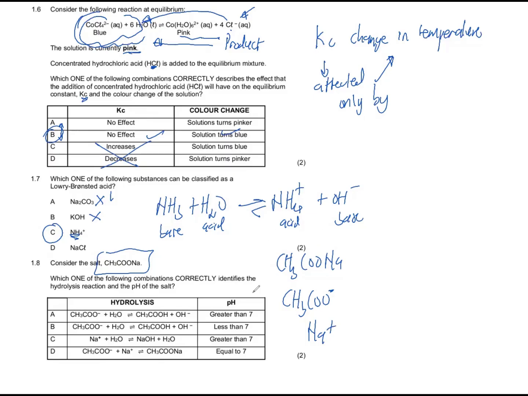So now in order to check whether this is acidic or basic, normally what we do is we take this ion here and then we react it with water, which is what they did here, right? And then they say which one of the following combinations correctly identifies the hydrolysis reaction. So the one that undergoes hydrolysis reaction will be this part here.